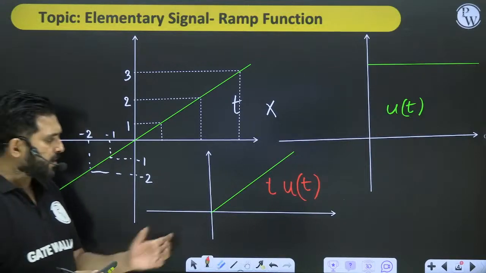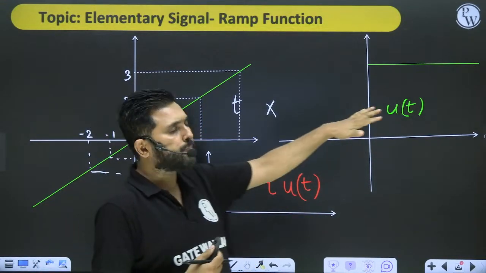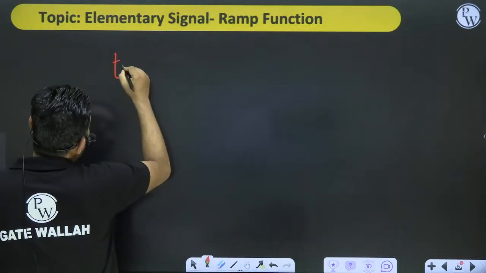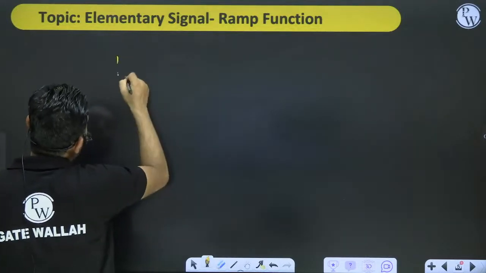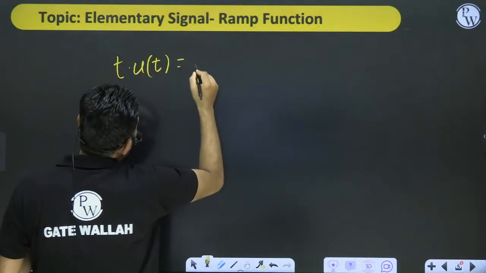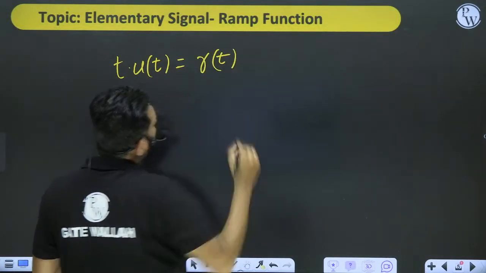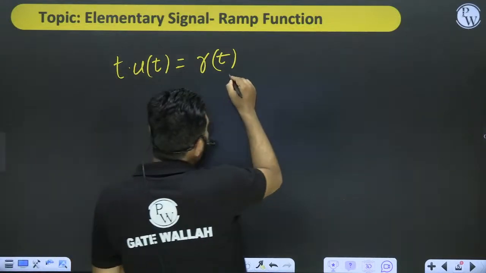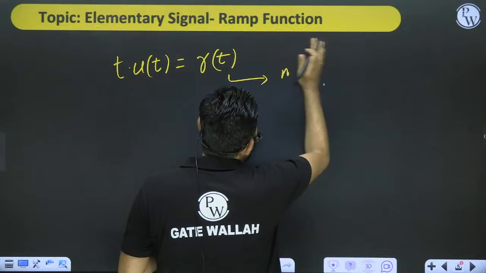So this is the function which is represented by t u(t). t is multiplied by u(t). In general, if I have t into u(t), I am calling this function r(t), and this r(t) I am denoting as the ramp function.